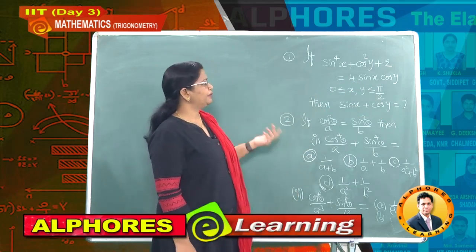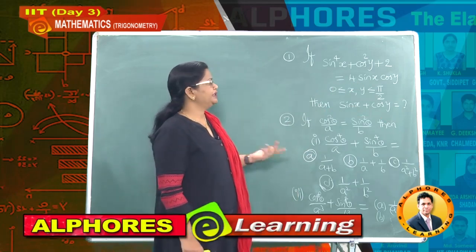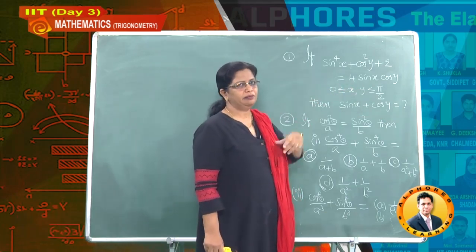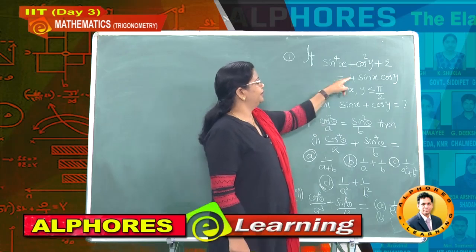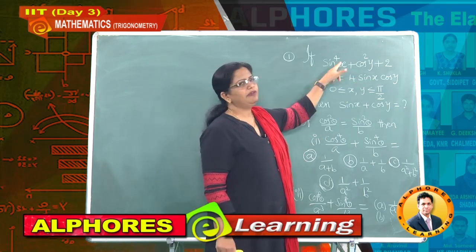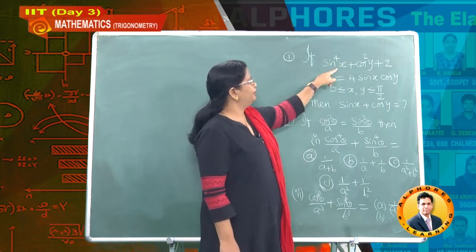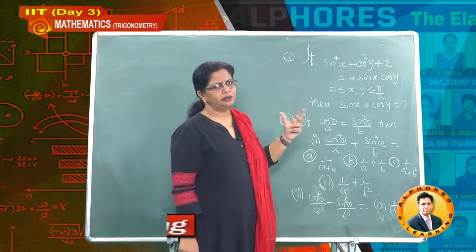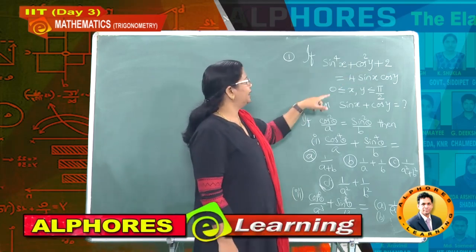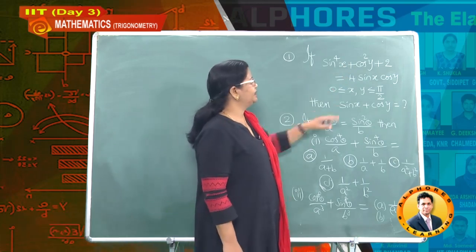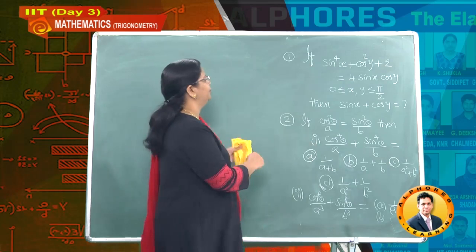Here you can use the direct procedure, but instead I am doing this problem using a short method. What is the short method? You have to get the RHS value by substituting some values of x and y. Moreover, you should understand that x and y are not the same values, they are different variables. So I suggest, suppose I take x as 0 and y as pi by 2.